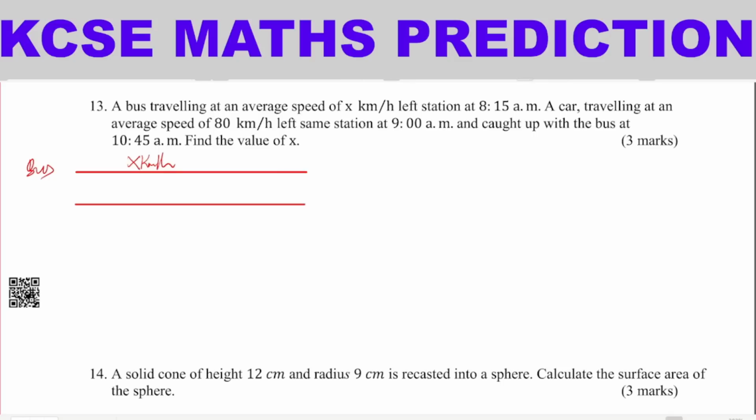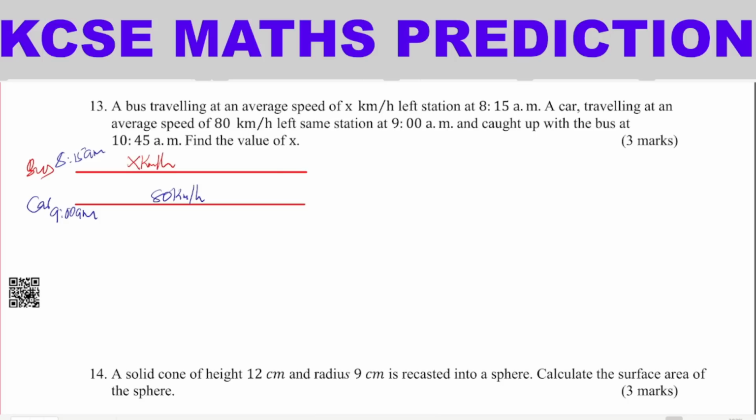It left the station at 8:15 a.m. Then the car, traveling at an average speed of 80 kilometers per hour, left the station at 9 a.m. Then we're given that it caught up with the bus at 10:45.